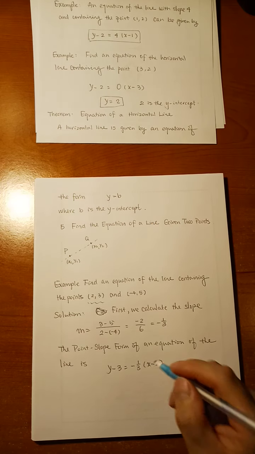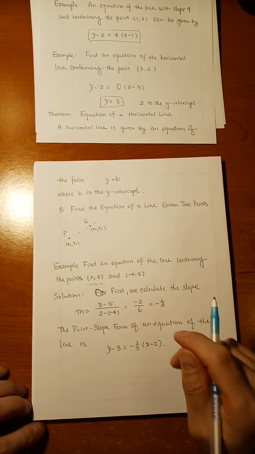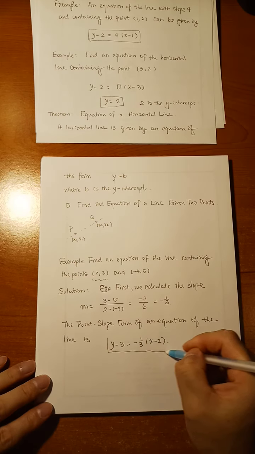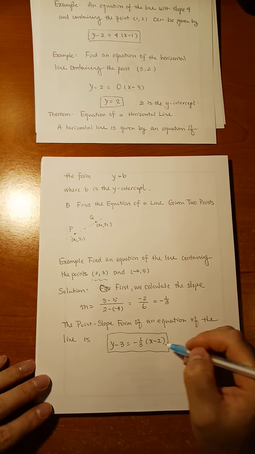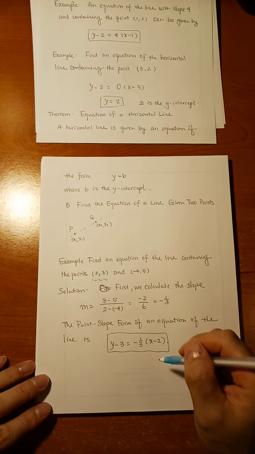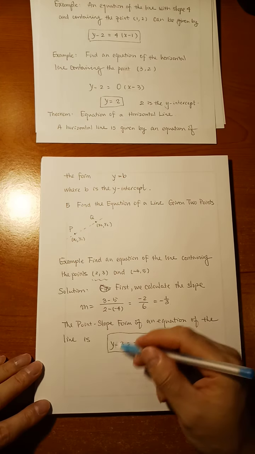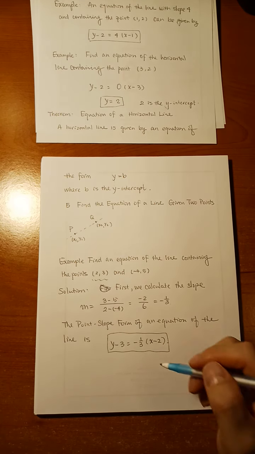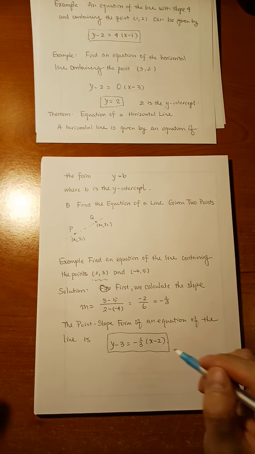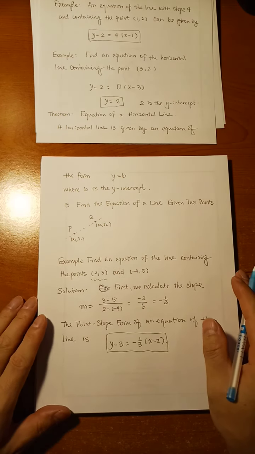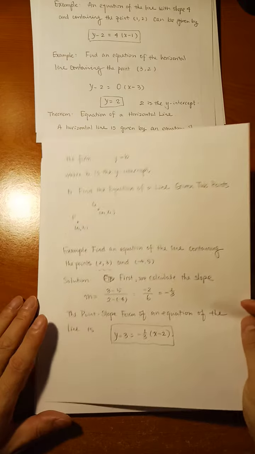And that's it. That is the answer. Don't simplify. Don't compute it. Just leave it like this. From this one, I can see what is the slope, what is the point you select. In the exam, don't try to simplify it. All right? Very good.